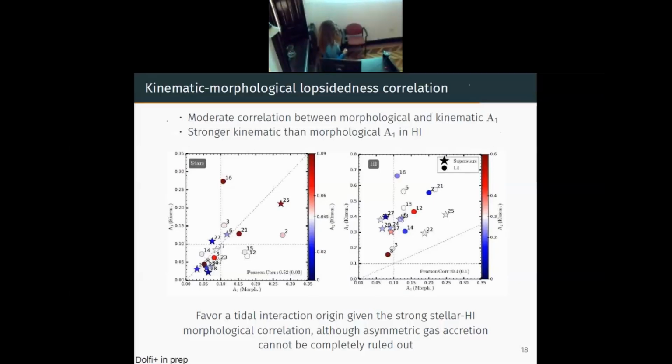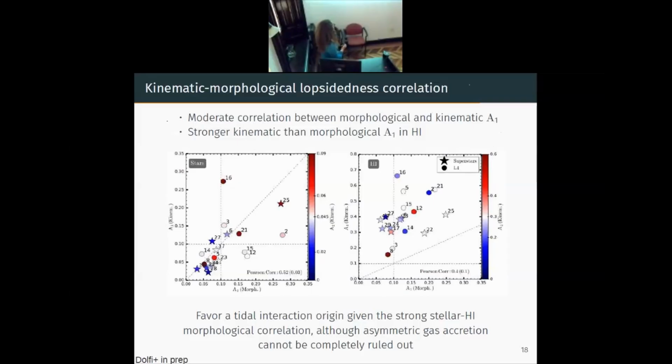While the correlations are more moderate compared to the correlation that we saw in the case of the morphological lopsidedness, there is a moderate correlation between the kinematic and morphological lopsidedness in the case of the stars, and in the case of the gas, although the H1 gas kinematic lopsidedness is always stronger compared to the morphological lopsidedness.